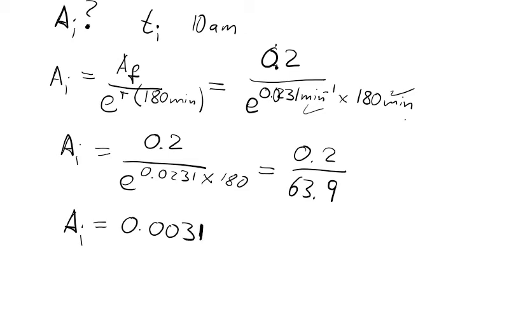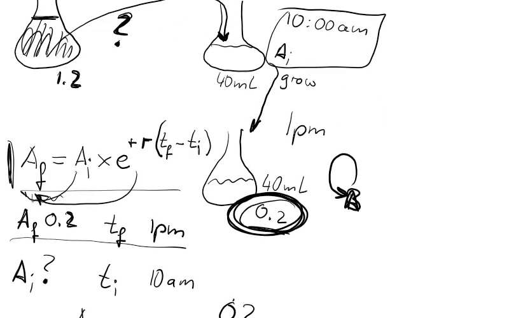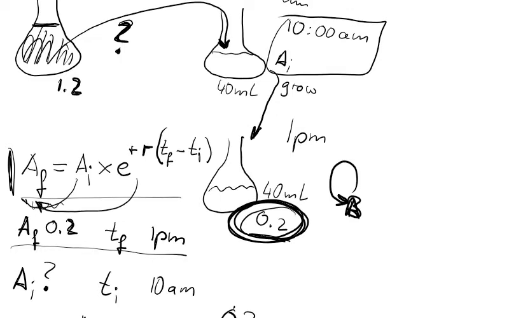I don't even need to do anything because somebody says it already here on the calculation. So that is our initial concentration, 0.0031.